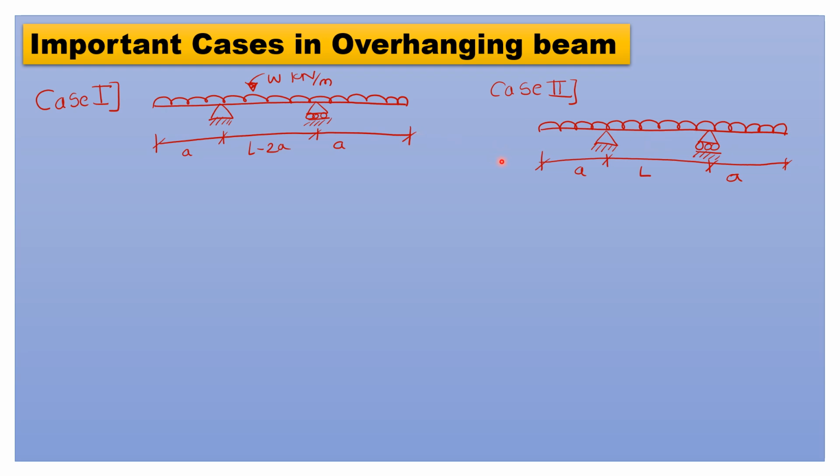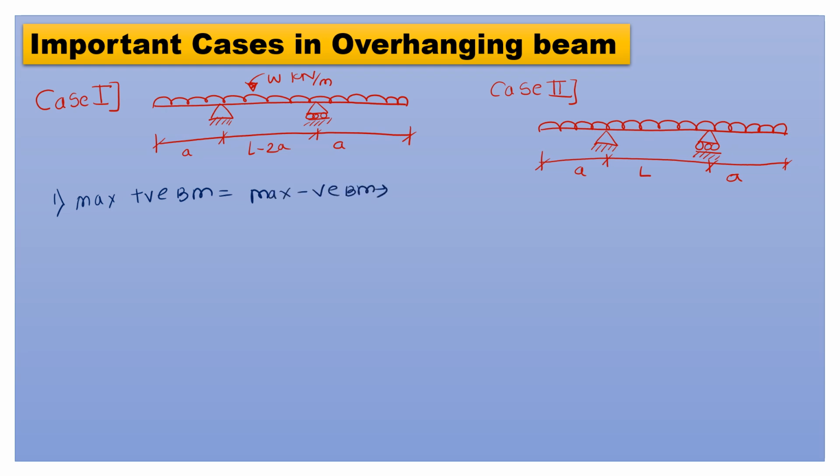So here we see what the value of A is for different length conditions. In the first case, the maximum positive bending moment is equal to the maximum negative bending moment.